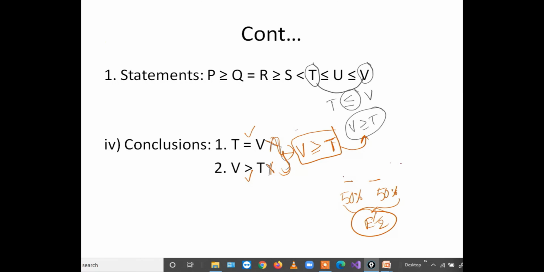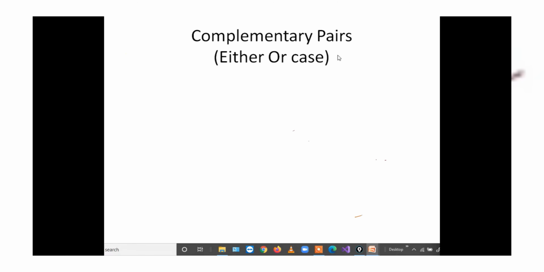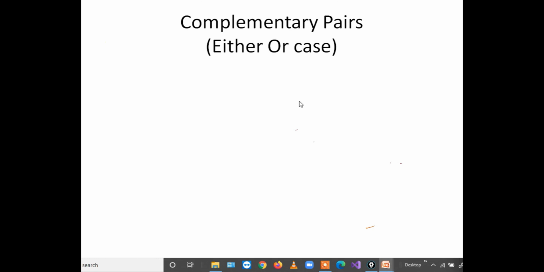And we can also call them as complementary pairs. Complementary pairs. So simply remember these points. Complementary pairs, nothing but either or case. So conditions. So where we have to check these conditions in conclusions.